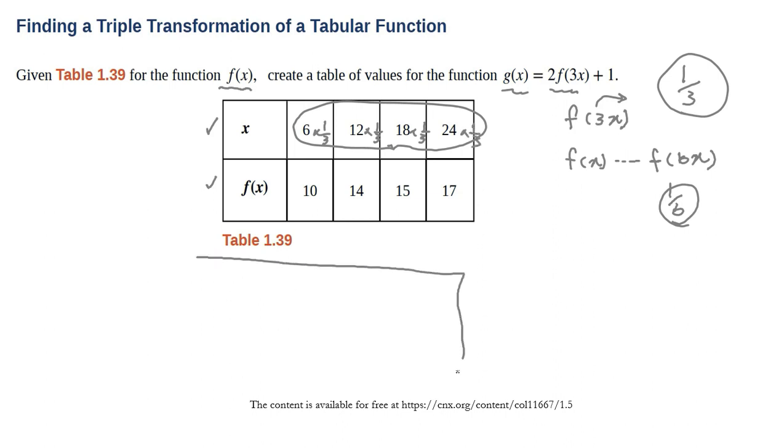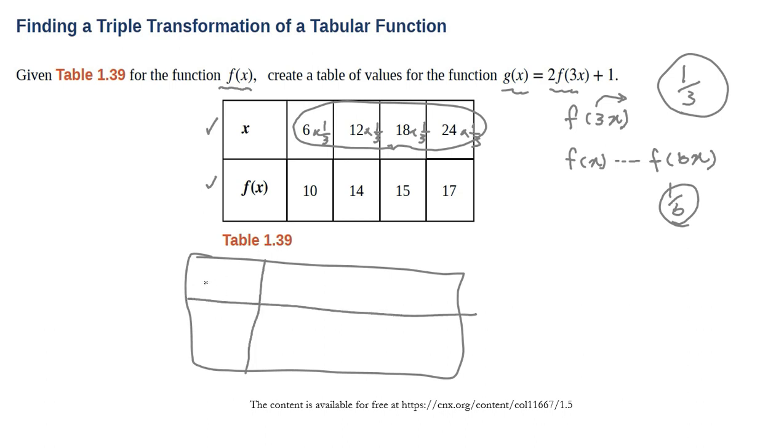So here the table: x, f of 3x. 6 divided by 3 is 2, 12 divided by 3 is 4, 18 divided by 3 is 6, 24 divided by 3 is 8. Outputs: 10, 14, 15, 17. Now 2 times f of 3x means we multiply outputs by 2.